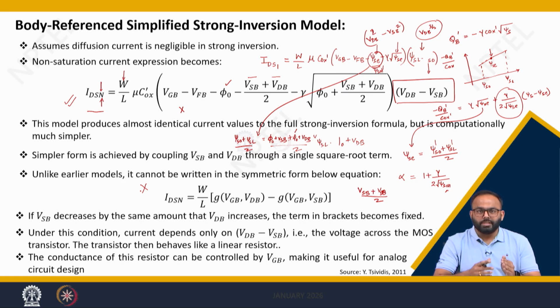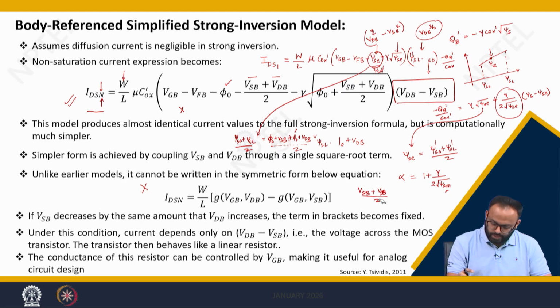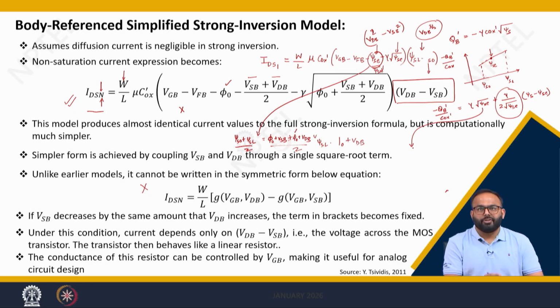However, every model does have some good insights. What is a good insight here in this model of body reference? Though I cannot define the symmetry of the device, I can easily define the other properties of the drain current and the terminal voltages.